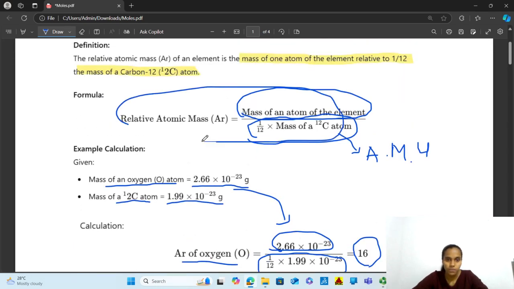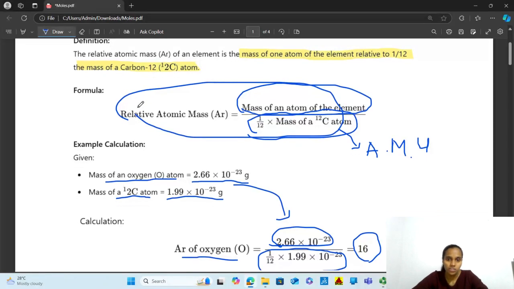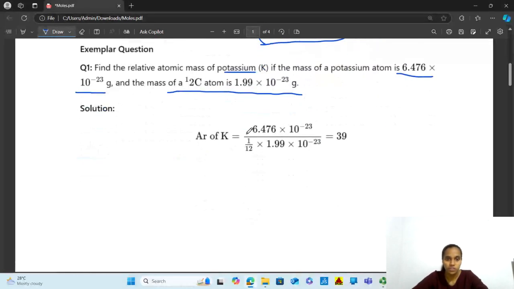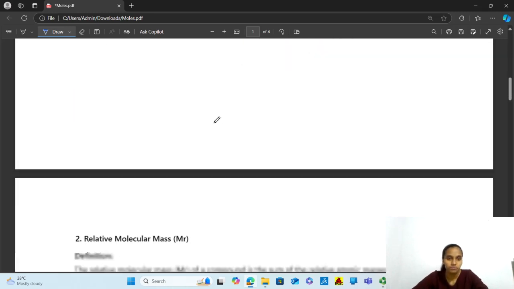The mass of the atom should be divided by AMU, or the atomic mass unit. So the mass of the atom is 6.476 × 10^-23 and the 1/12 of the mass of the carbon-12 isotope is this value. So simply we can divide these values and get the answer as 39.